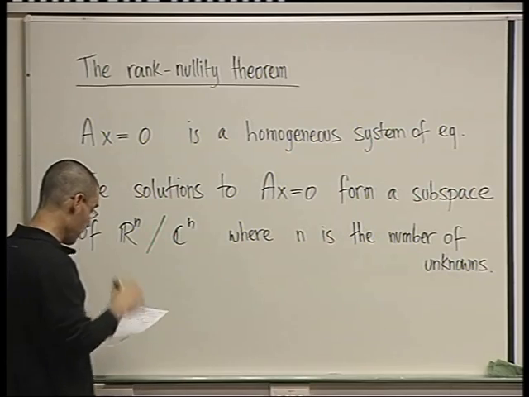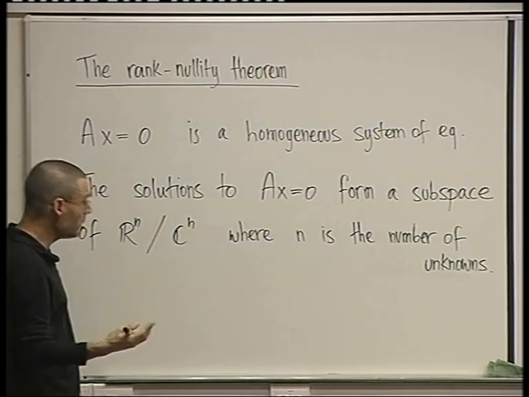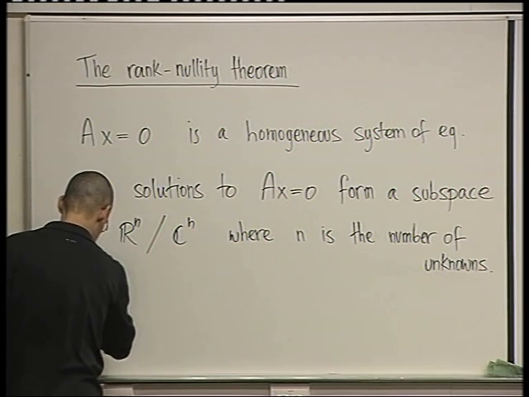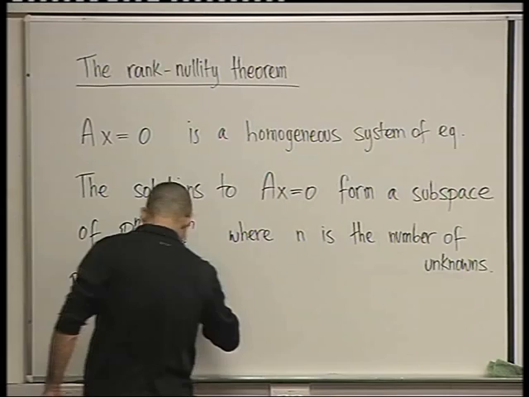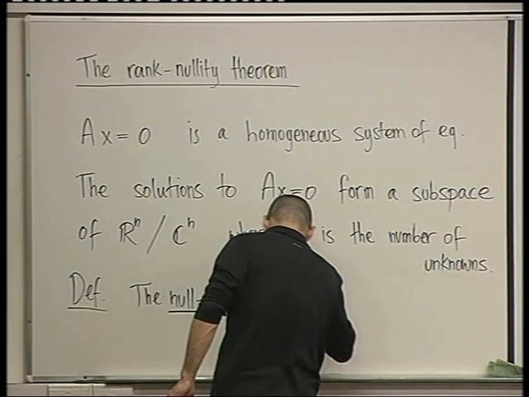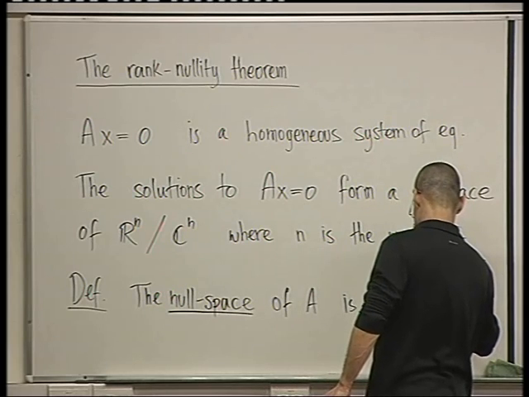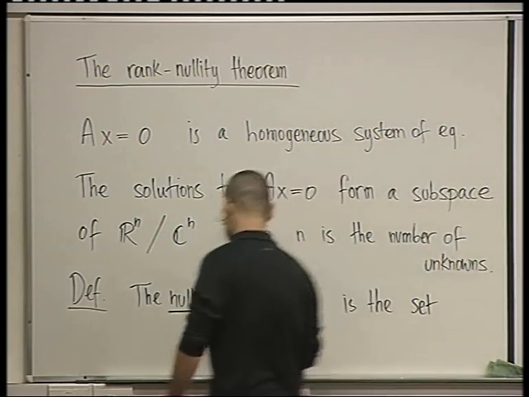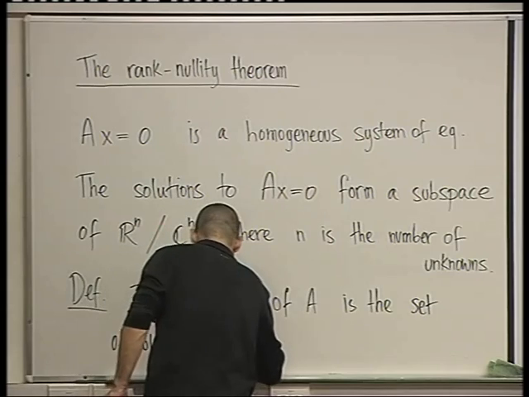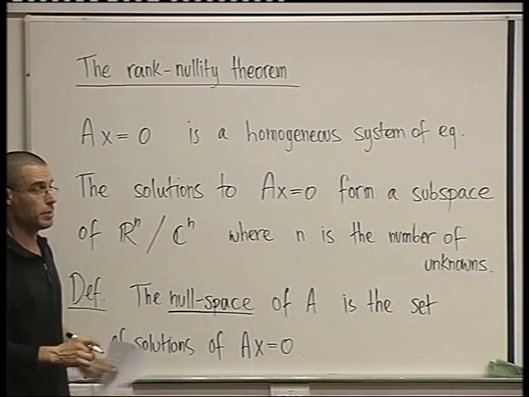Since it's a subspace, it's a vector space, and it's called the null space of A. So definition: the null space of a matrix A is the set of solutions of the homogeneous system of equations for which A is the coefficient matrix.